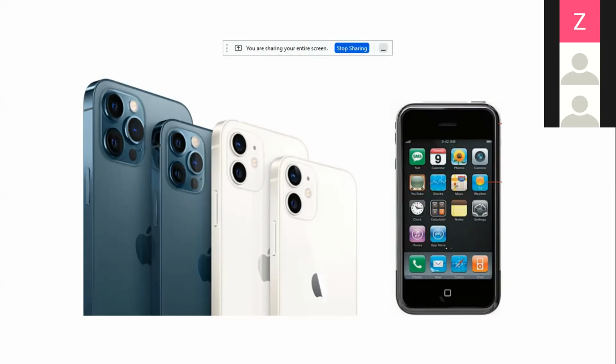Now, what has gone into creating this interesting phone? What has gone into creating this really amazing phone that all of us admire?